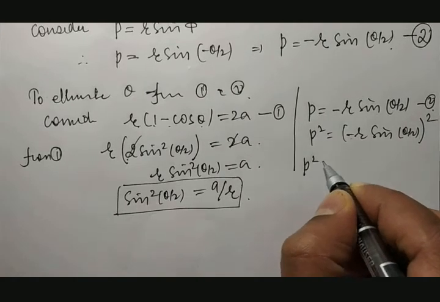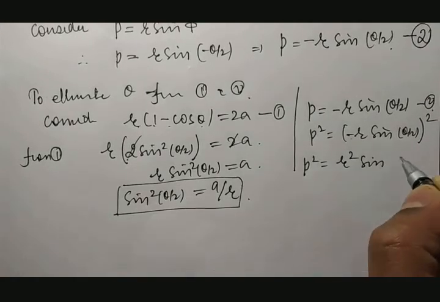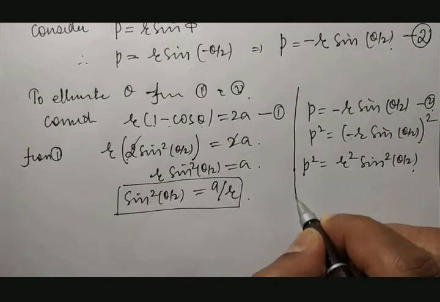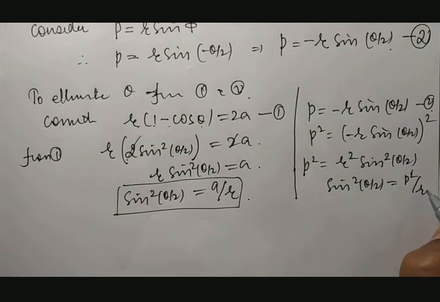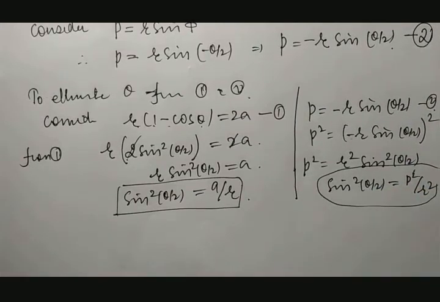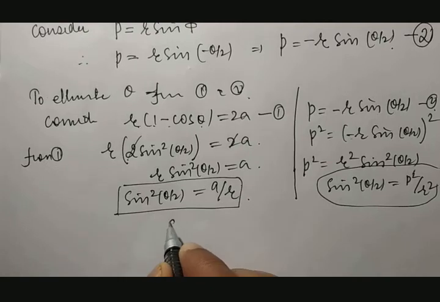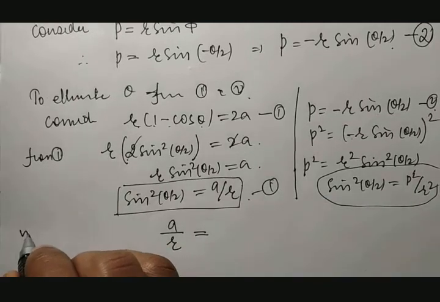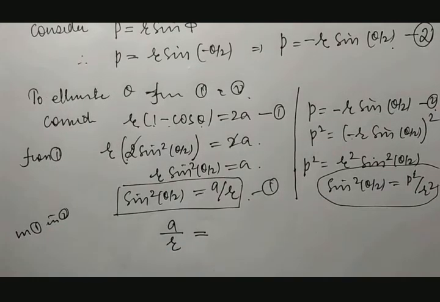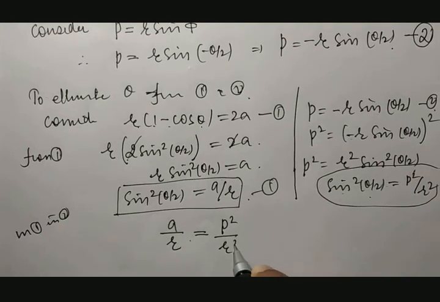So p² = r² sin²(θ/2). Therefore, sin²(θ/2) = p²/r². Fine. So substitute either of these values in the other condition. Use 1 in 2 or 2 in 1, anything. Sin²(θ/2), which is nothing but a/r, is equal to p²/r².